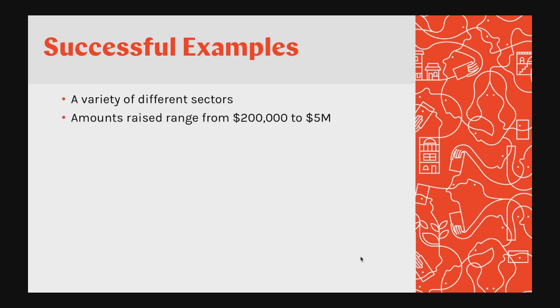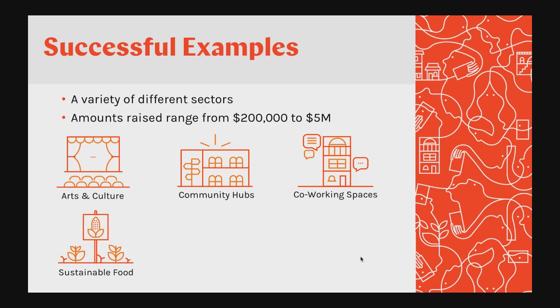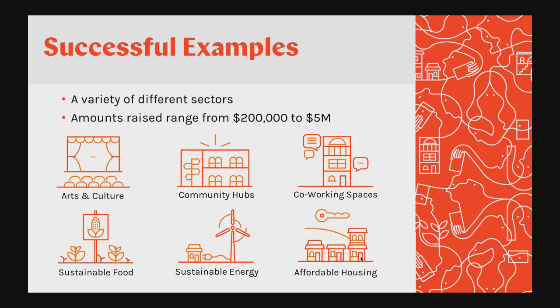Speaking to some of the history of community bonds, we've seen them happen across many different sectors, and we've seen the amounts raised range from under $500,000 to over $5 million. Arts and culture, community hubs, co-working, sustainable food, sustainable energy, and affordable housing.